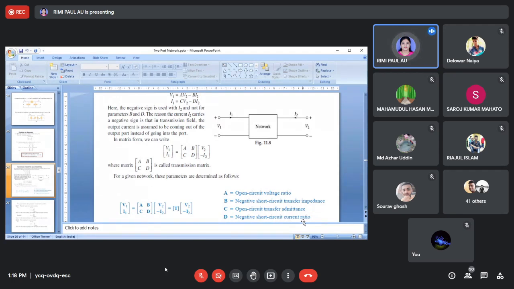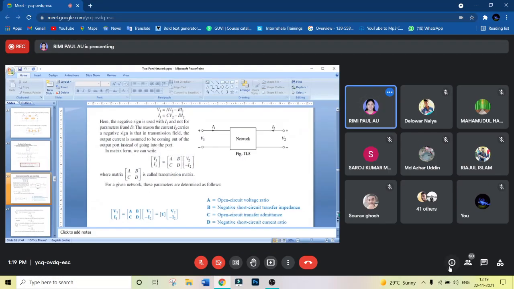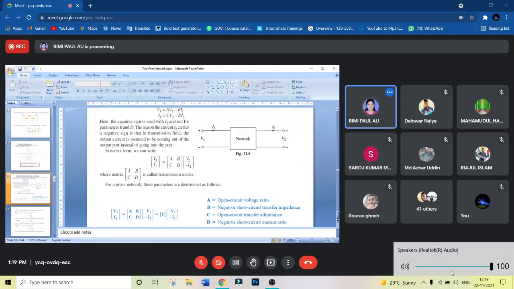So how to find out ABCD? Just open and short the output port, then you can find ABCD. Now we have no time, so we'll discuss the next part next day.